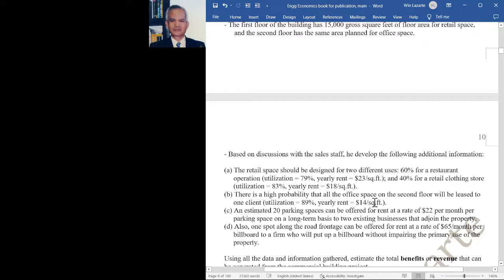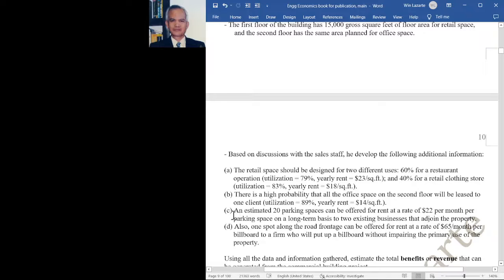Again, for the office space, the yearly rent of $14 per square foot is the unit benefit factor, and the number of units is the product of the 89% utilization, the space allocation, which is 100% because there's only one client, and the floor area of the second floor, which is equal to 15,000 square feet, because only one client will occupy the whole of the second floor.